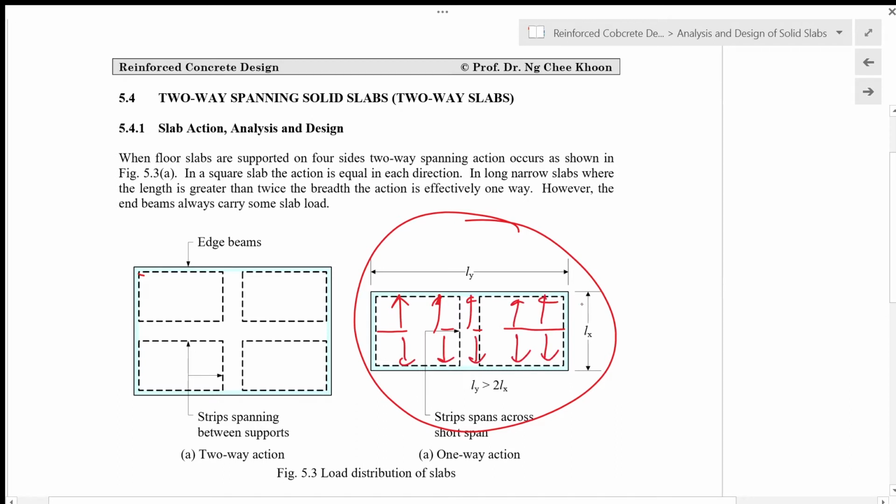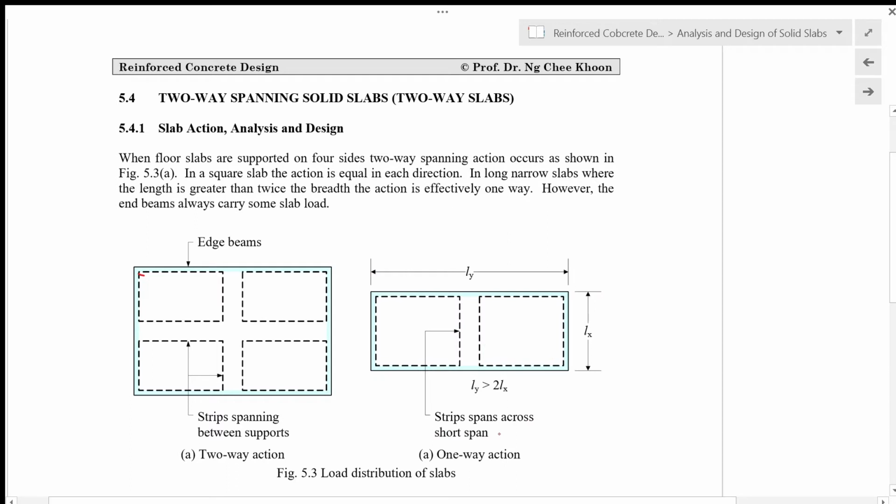So in this case, we design a slab where the slab dimension is 1 meter, and the span is in this direction, where this beam and this beam are carrying the slab. This beam and this beam are not carrying the loads of the slab in a one-way slab.